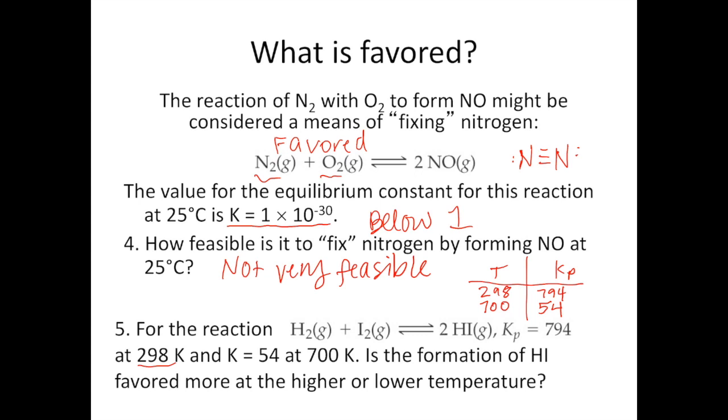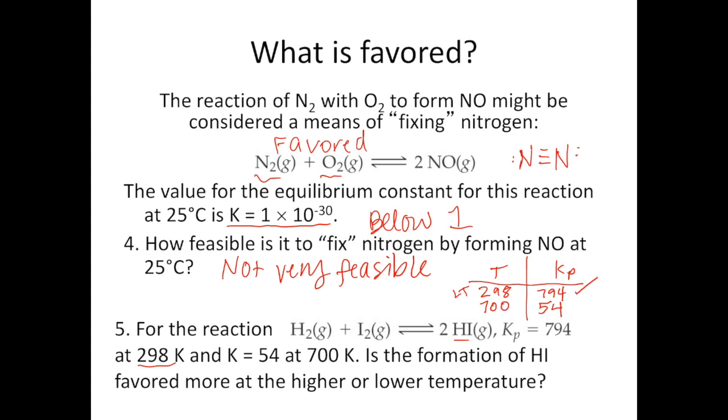So what this little chart tells us is that at lower temperatures, my equilibrium value is higher, so I favor my products more at lower temperature than I do at higher temperature. Is the formation of HI favored more at higher or lower temperature? So HI is my product, so it's more favored here, which is the lower temperature.